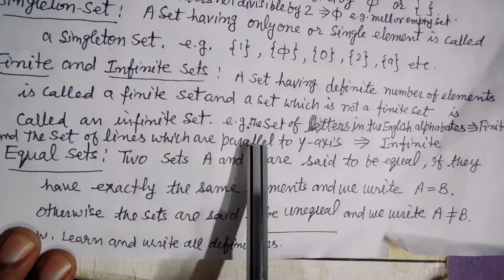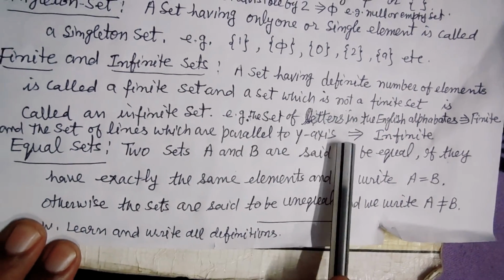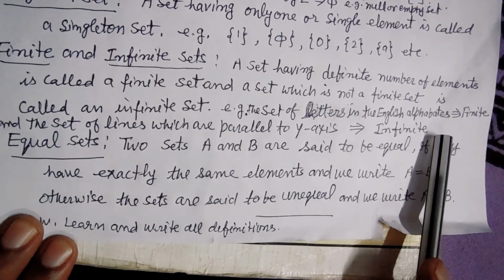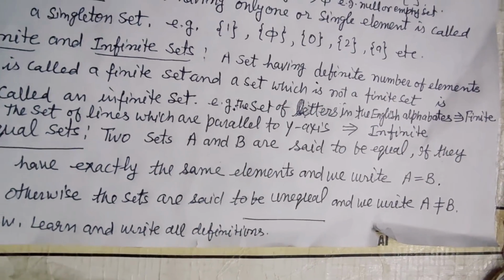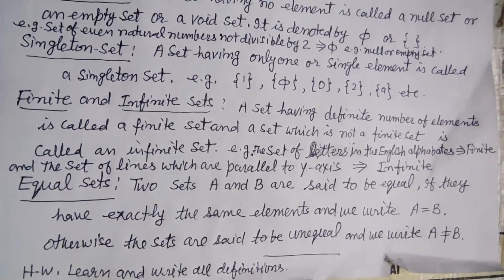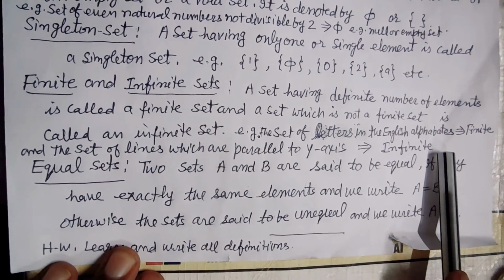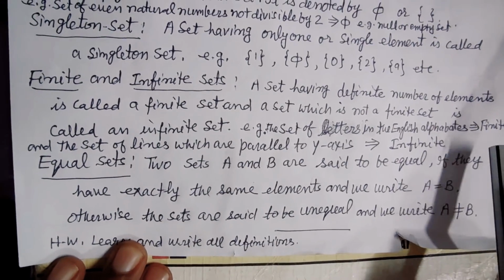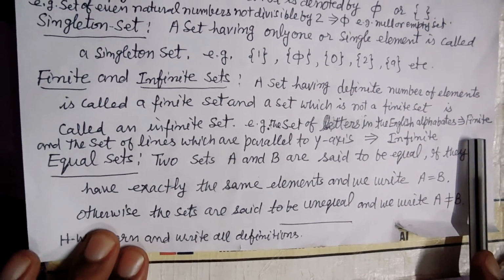Clear? For example, the set of letters in the English alphabet. The alphabets you know are certain, that is, 26 alphabets. So this is a definite number of alphabets. So this is a finite set.